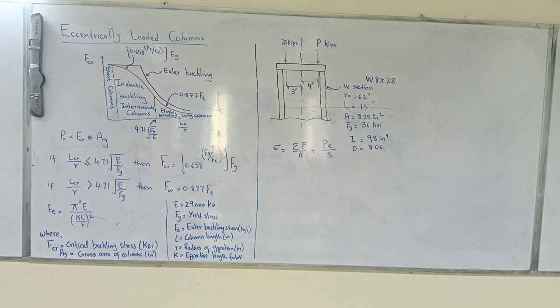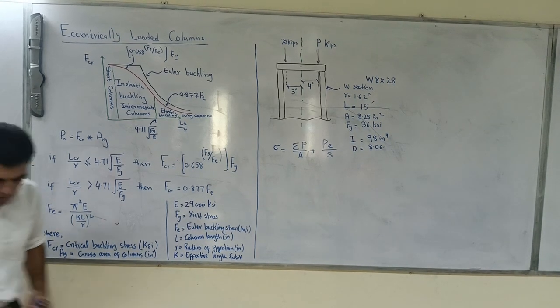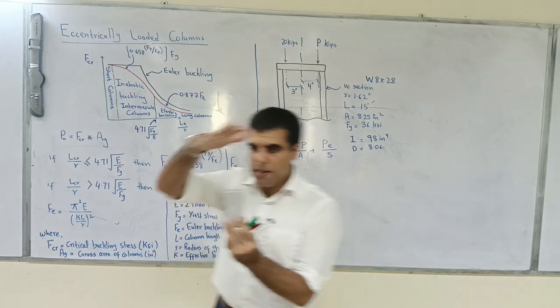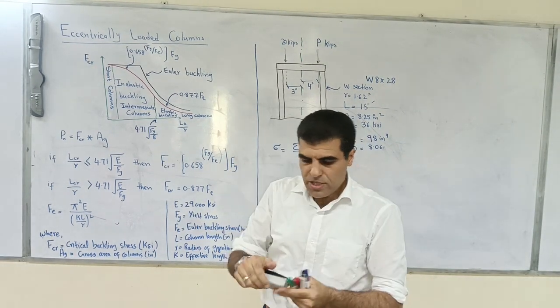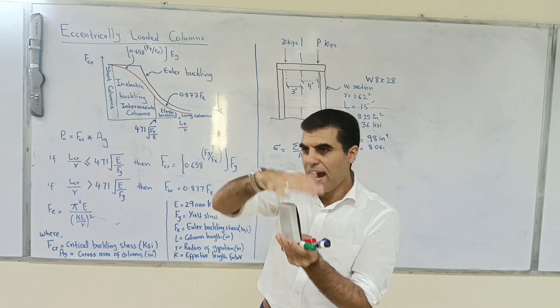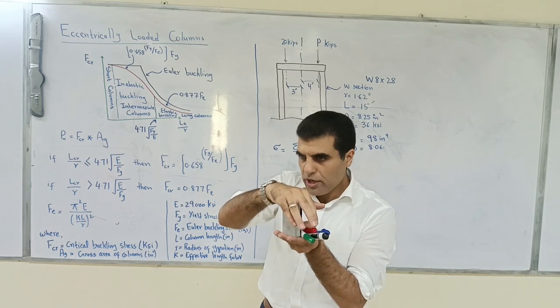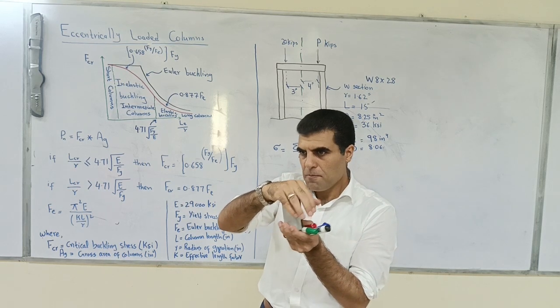So the example, if I can give you, imagine I've got this member, and this member is under compression. If I apply load onto it, there is a possibility that it doesn't buckle.